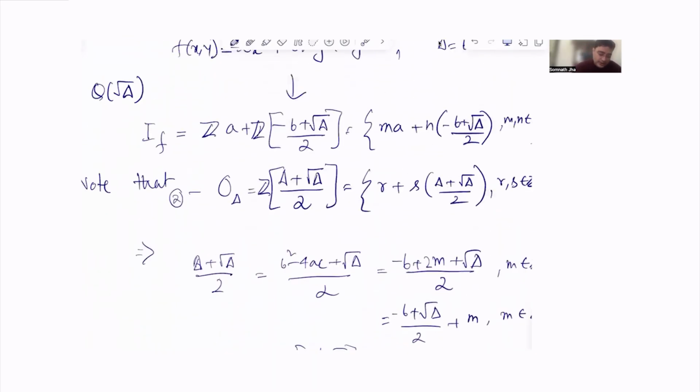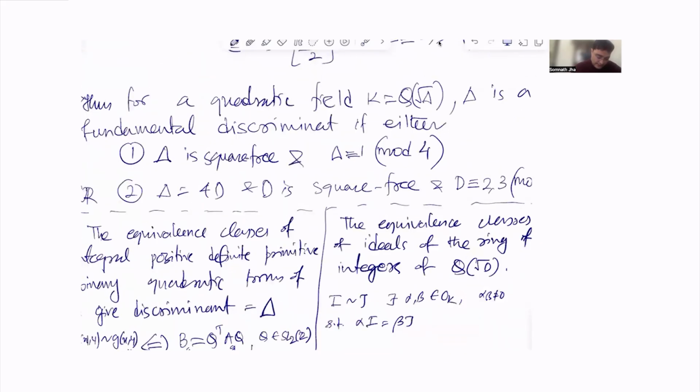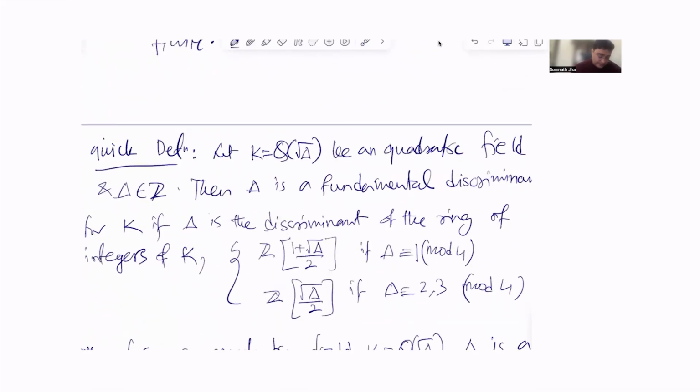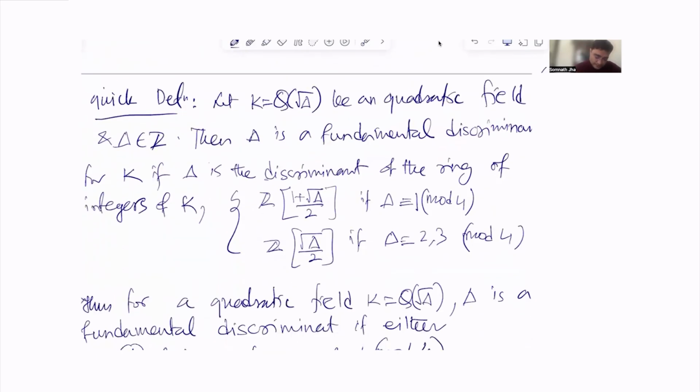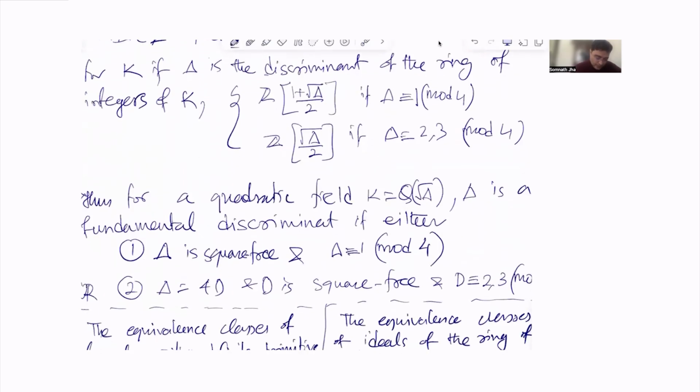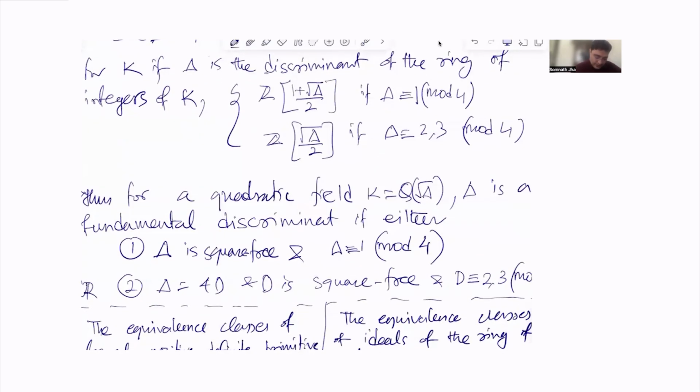So what we are doing here, probably I should clarify. I am starting with Q root delta, an imaginary quadratic field, and I'm choosing delta to be the fundamental discriminant. So delta is either 1 mod 4, or delta is 4 times d, where d is square free, and d is 2 or 3 mod 4.